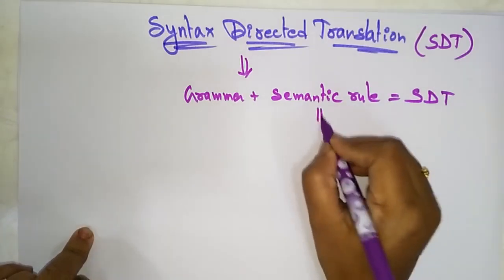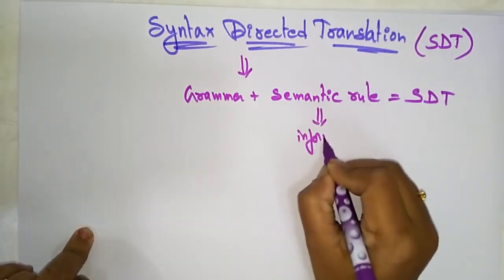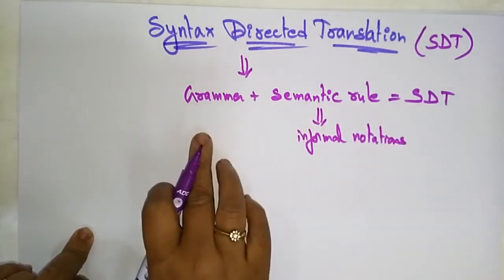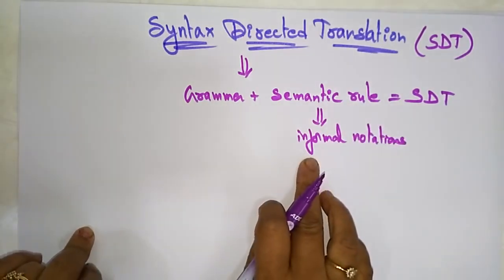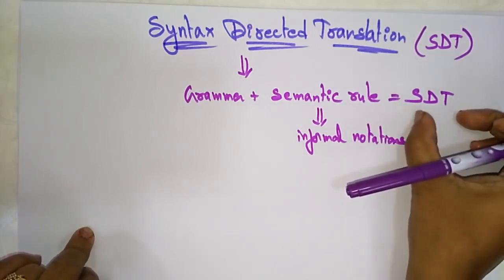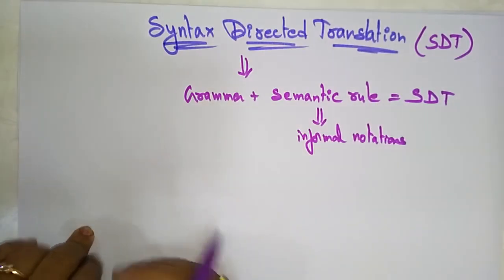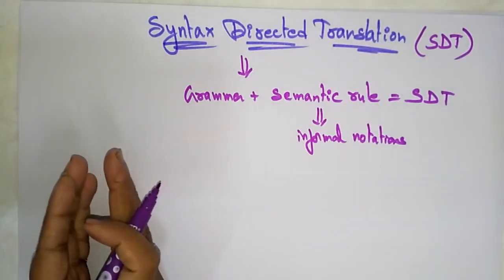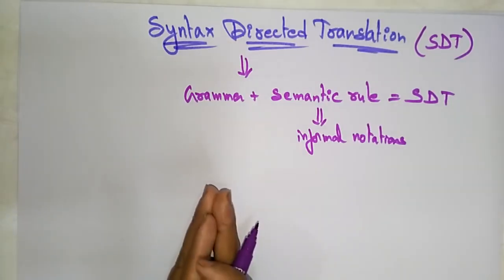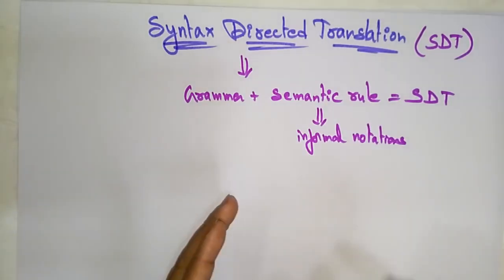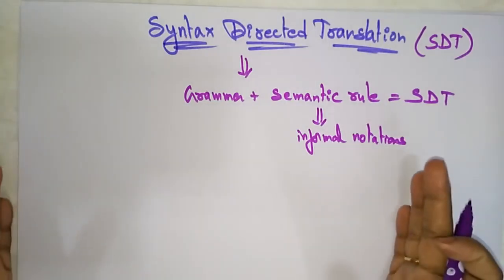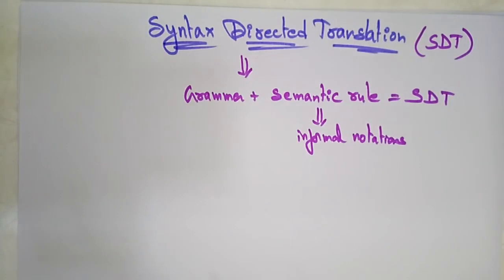A grammar along with some informal notations like semantic rules is called a syntax directed translation. Take the grammar, whatever productions are given, and add some semantic rules to those productions. Those semantic rules are nothing but informal notations. Combined, you call it a syntax directed translation.